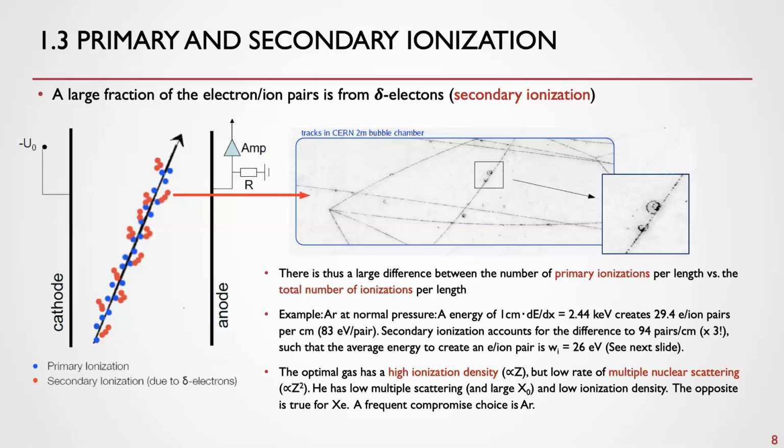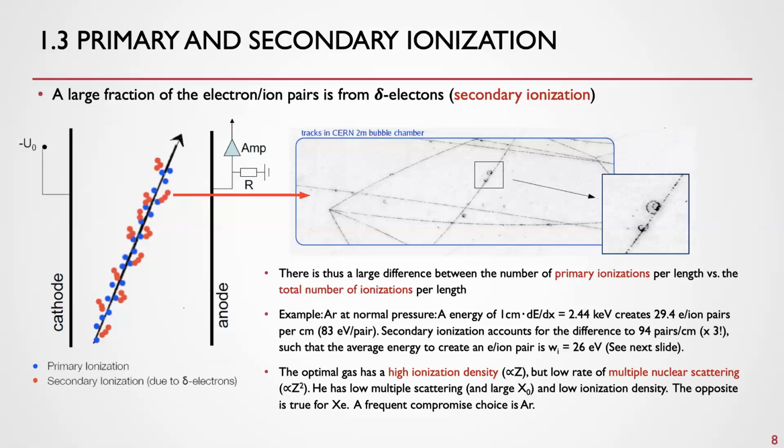If the rate of multiple scattering is high, and it's proportional to Z squared, then the spatial resolution degrades. Helium, for example, is on one end. It has a very low multiple scattering because Z squared is comparably low. It has, however, a large radiation length and a correspondingly low ionization density.